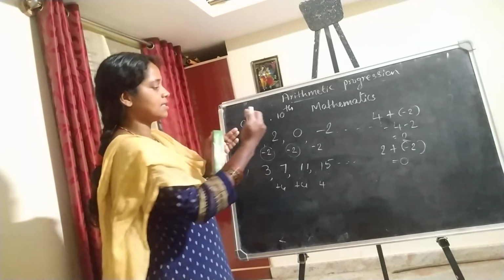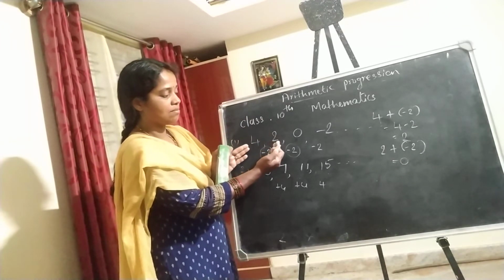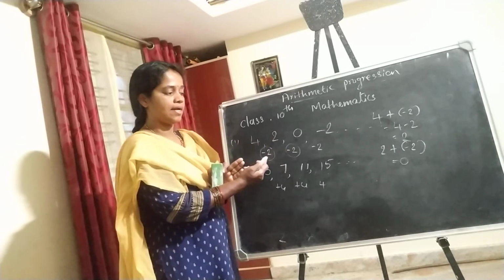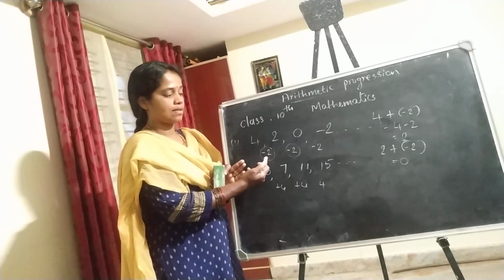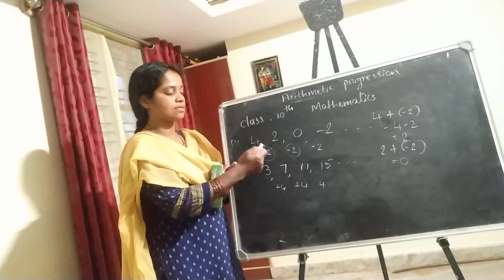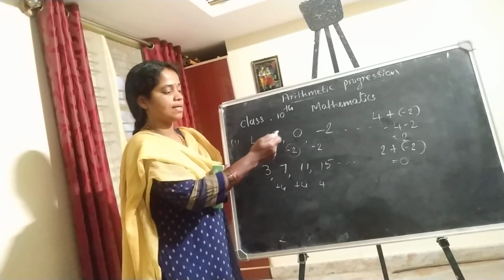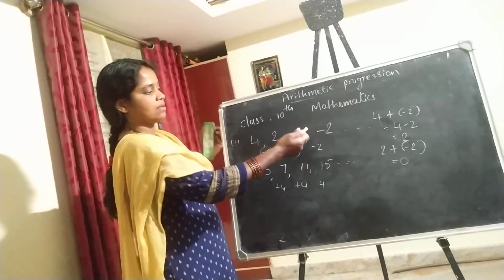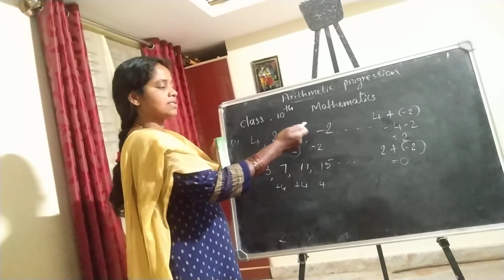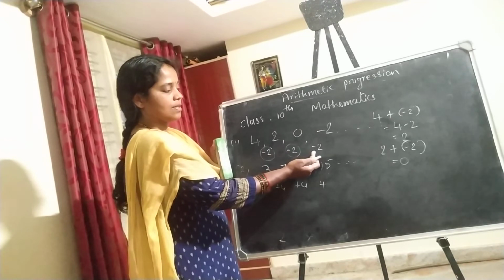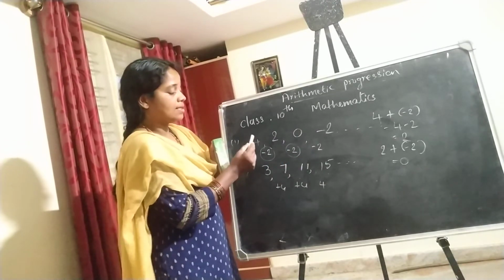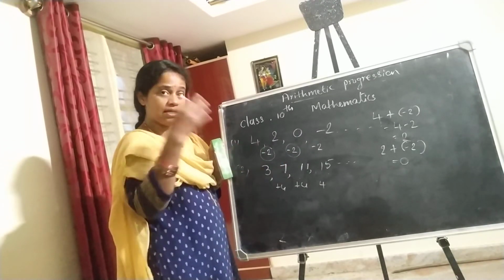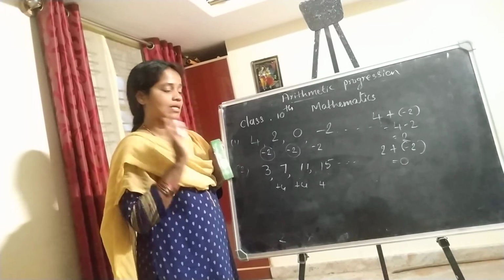So here the difference between consecutive terms remains the same. For example, 2 minus 4 is minus 2, 0 minus 2 is minus 2, minus 2 minus 0 is minus 2. Understand it this way too: the difference between consecutive terms remains the same.